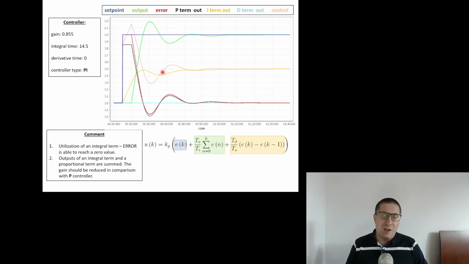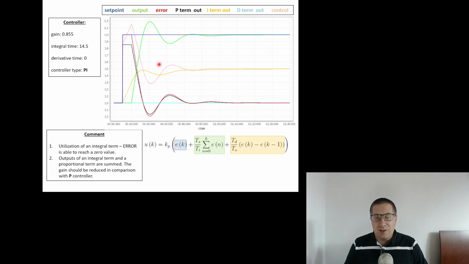The I term keeps the energy that is sent to the plant at some level. So this bump is lower than before, and because of this, the proportional reaction can be limited, right?